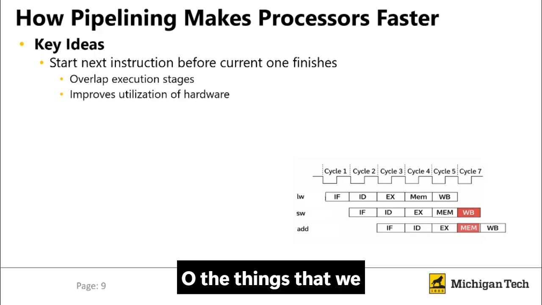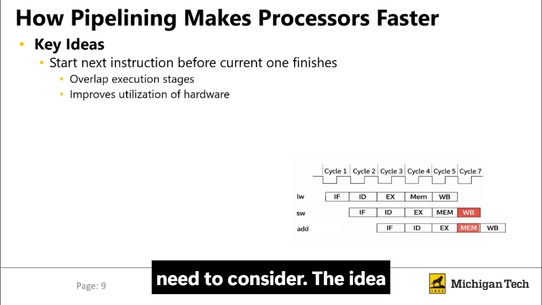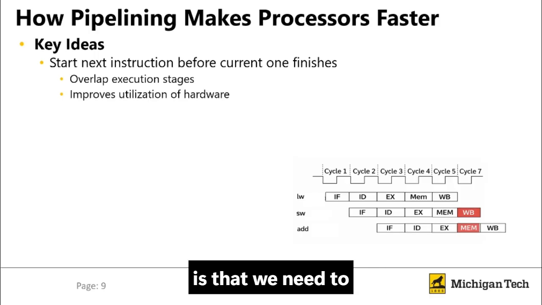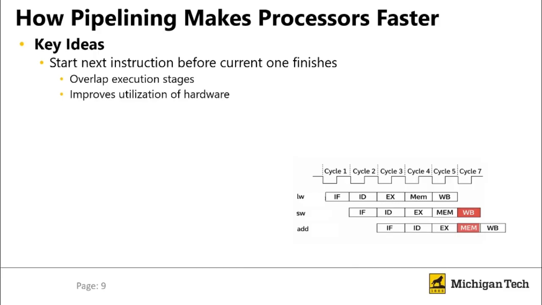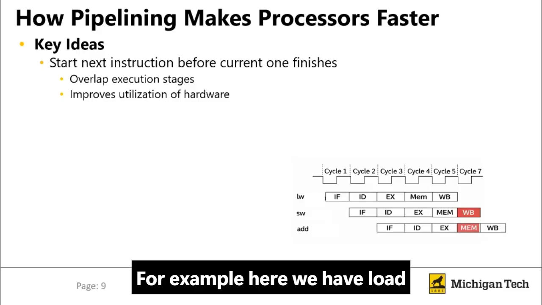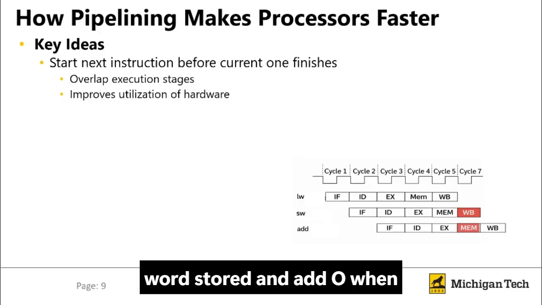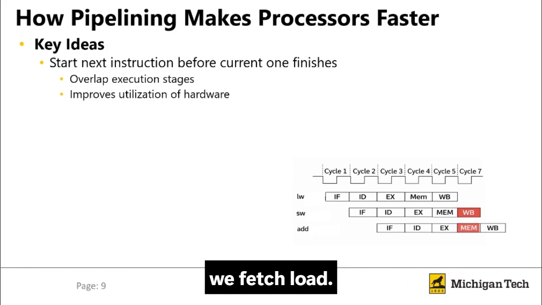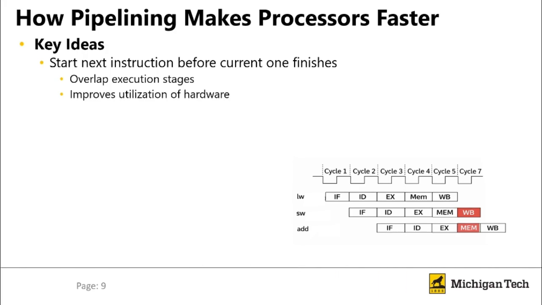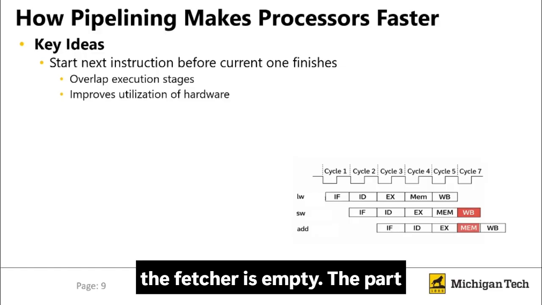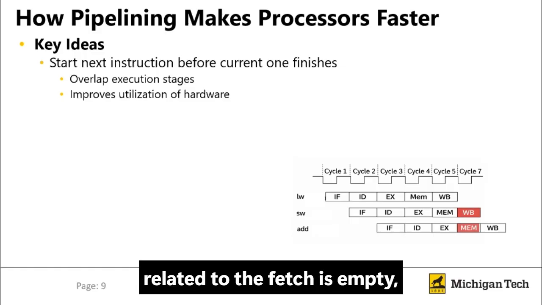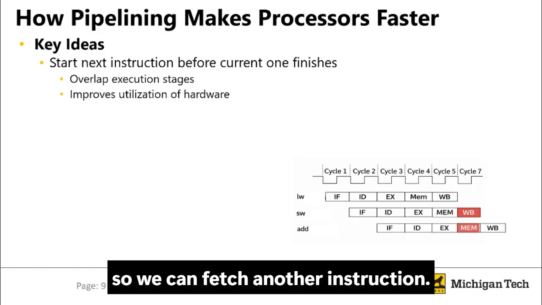The idea that we need to consider is that we need to start instructions before finishing the first instruction. For example, here we have load word, store, and add. When we fetch the load and then want to decode it, the part related to fetch is empty, so we can fetch another instruction.